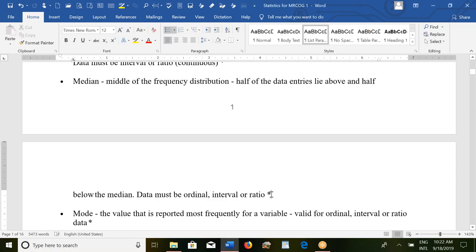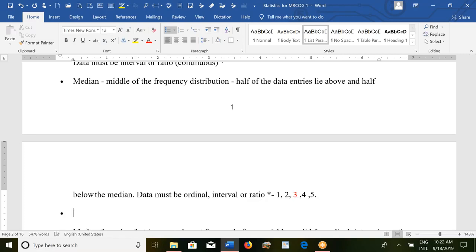Like I will tell you this one, you have 5 numbers, 1 2 3 4 and 5. Okay, so which one is in the middle? This 3 is the median value. Okay, so that is the median when you have 5 numbers.